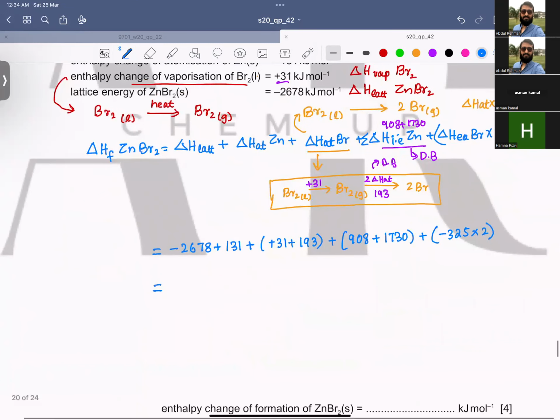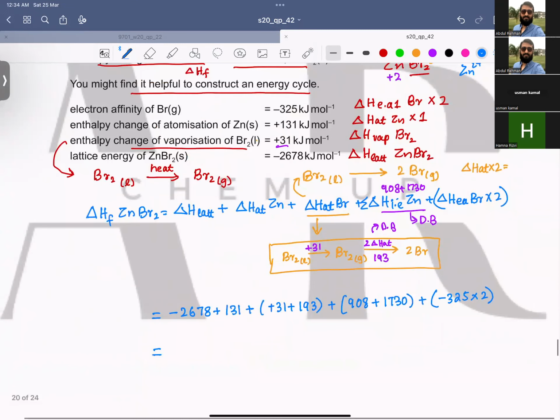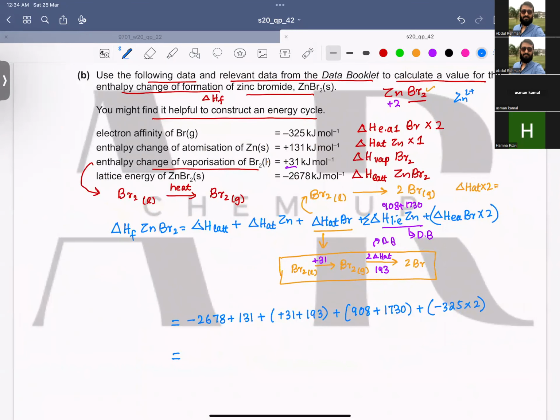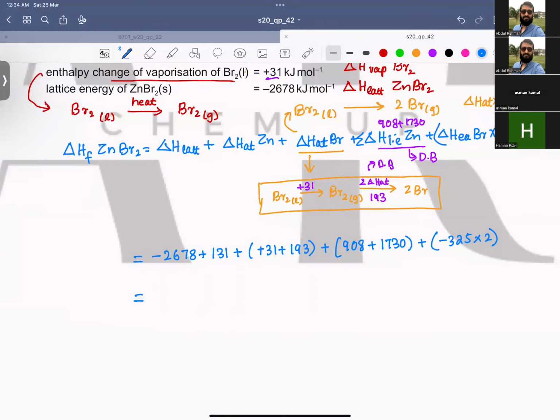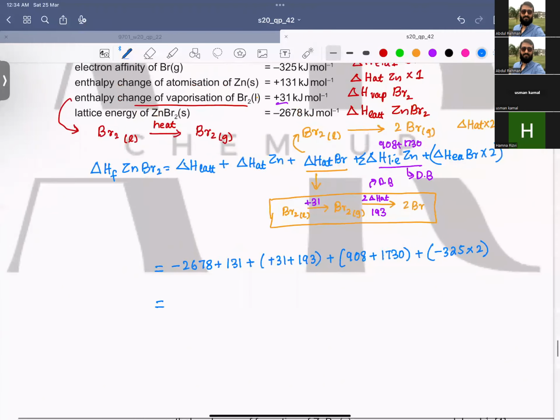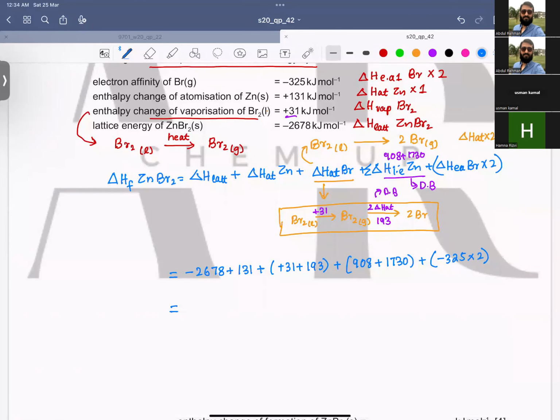अगर किसी को कोई प्रॉब्लम है इसमें तो प्लीज पूछ लीजिए। और काइंडली सॉल्व करके आंसर बताइए क्या आ रहा है। Minus 335, minus 335 kilojoule per mole.